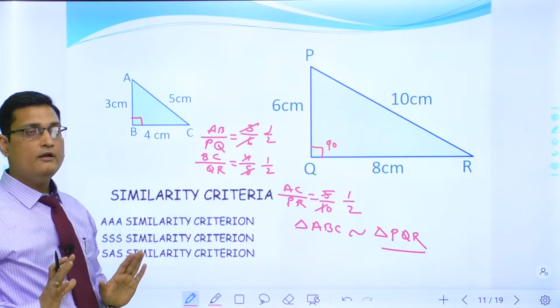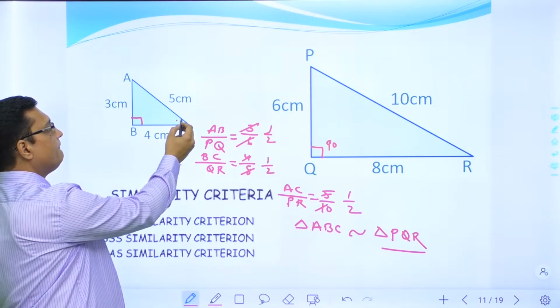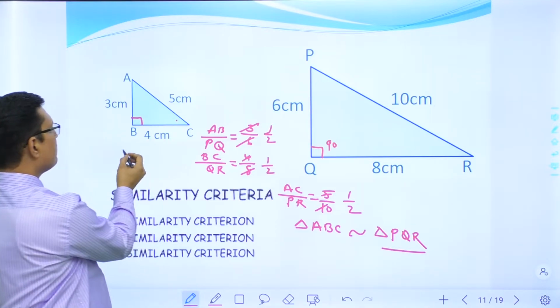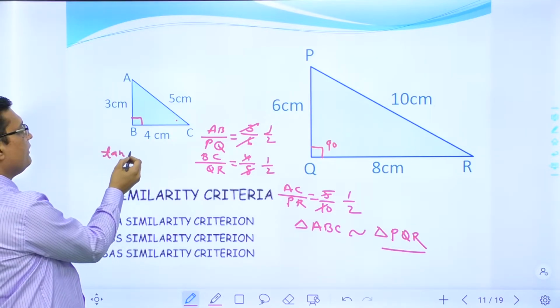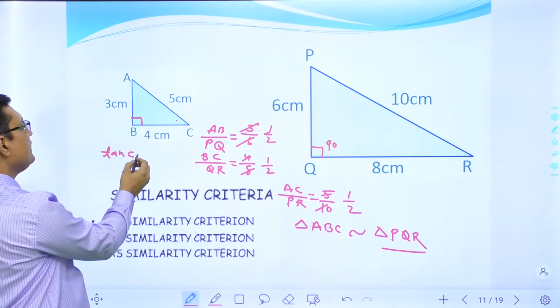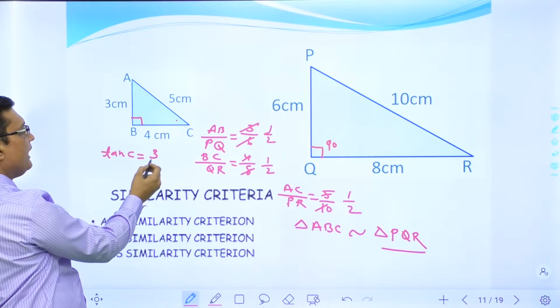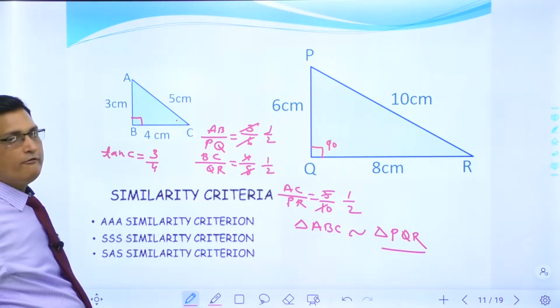Now you are clear. Again here, for example, if I want to find angle C by application of trigonometry, tan C is equal to perpendicular upon base, I am getting 3 upon 4.